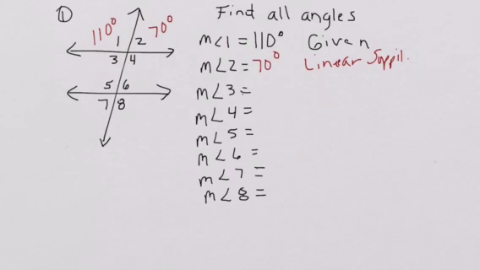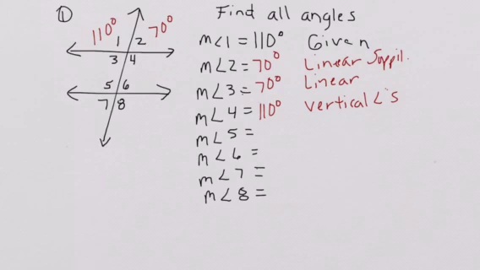Now if I use 110 again, 110 for angle 1 would make angle 4 also 110, and that is because of vertical angles. And I can use angle 3 is 70 degrees because angle 3 is also linear to angle 1.